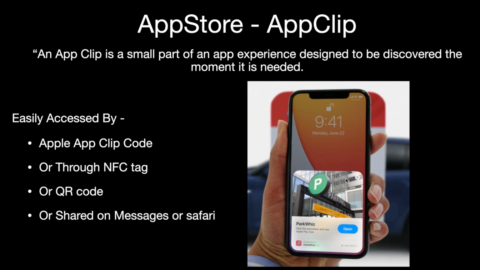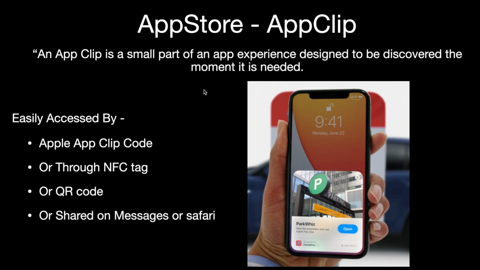So if that application is not available on your device and you need it, the way to easily access it is by using an Apple App Clip code, or through an NFC tag or QR code, or shared on Messages or Safari.